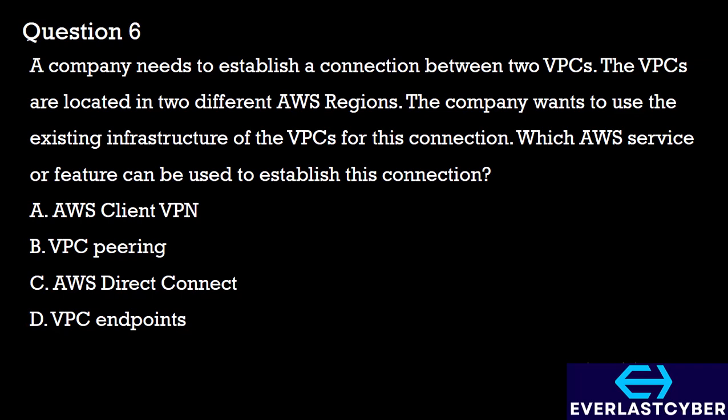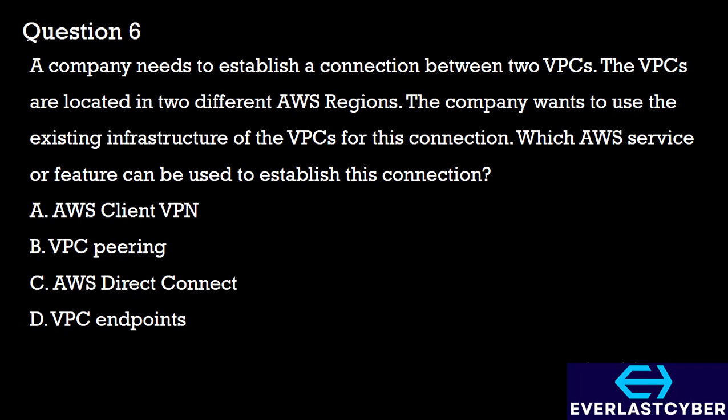AWS Client VPN is used to provide secure access to AWS resources for remote clients, but it is not used for connecting two VPCs. VPC peering allows you to connect two virtual private clouds across different AWS regions or even within the same region.